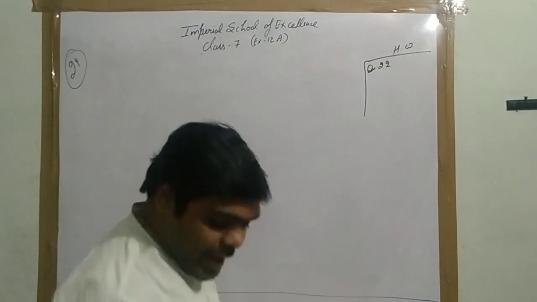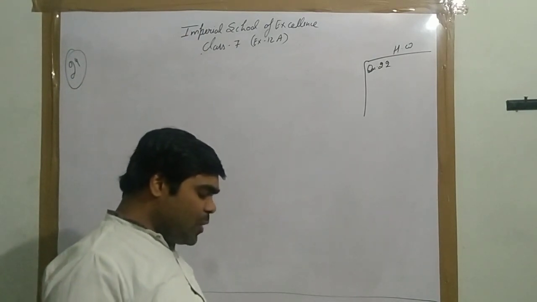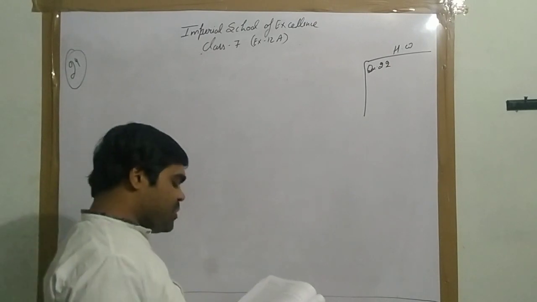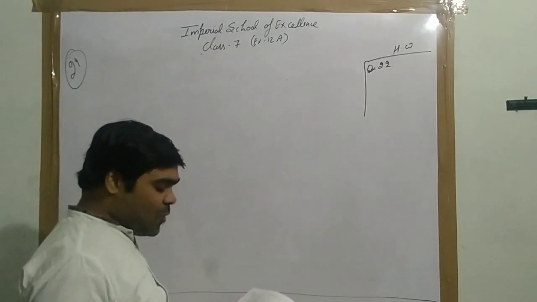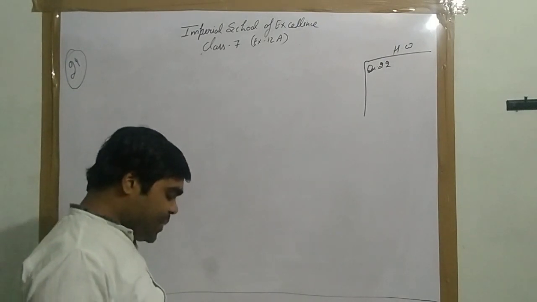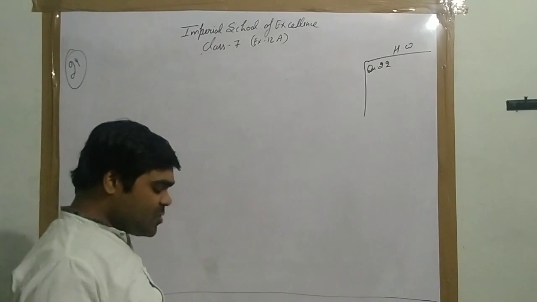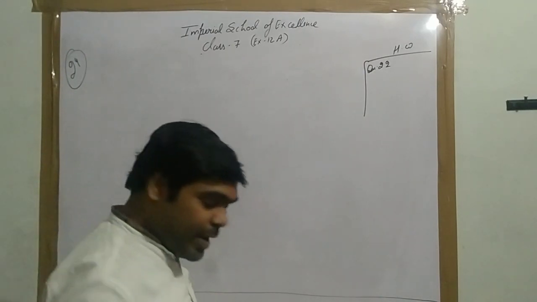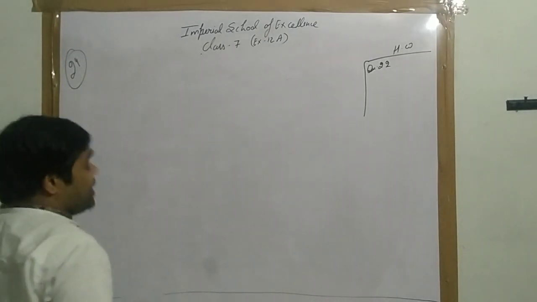In this question we have to divide 3000 into two parts such that the SI for the first part for 4 years at 8% per annum is equal to the SI for the second part for 2 years at 9% per annum.